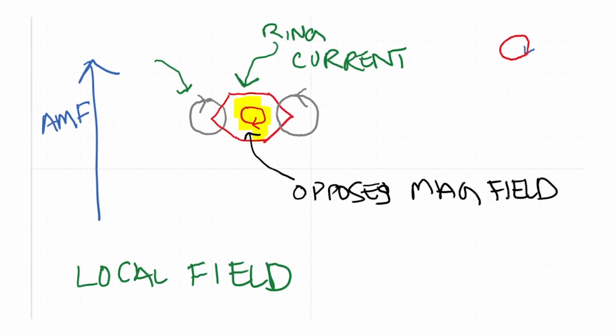In other words, you have a situation where the electrons have two different effects depending on where the hydrogen is placed.